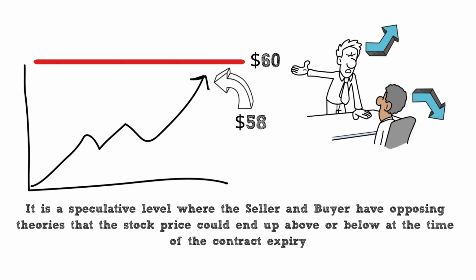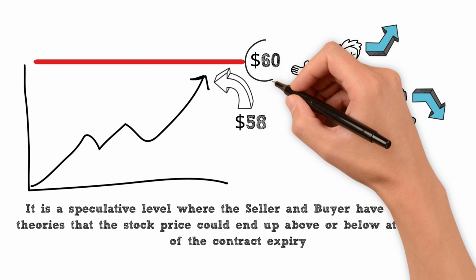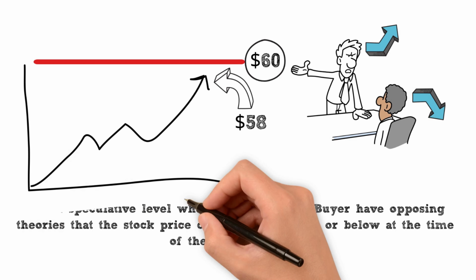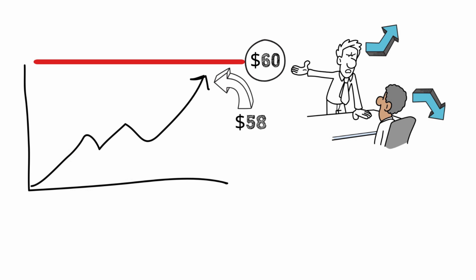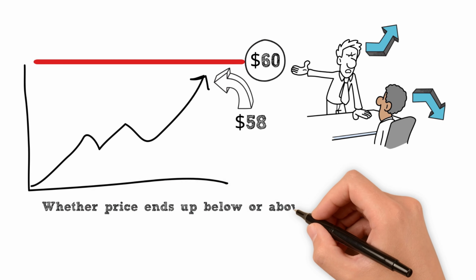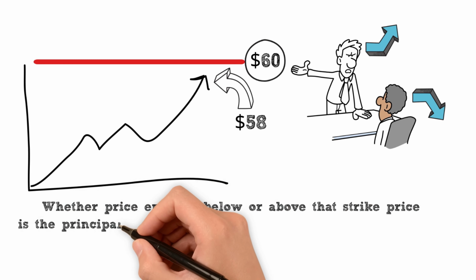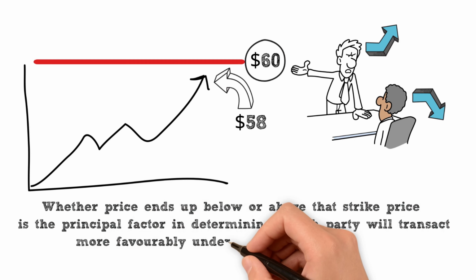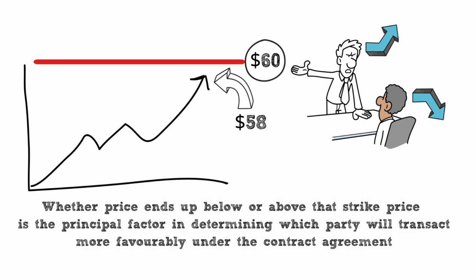So that $60 level becomes the point of conjecture between the two parties. That will be the selected strike price for both parties. Where the price ends up below or above that strike price is the principal factor in determining which party will transact more favorably under the contract agreement.